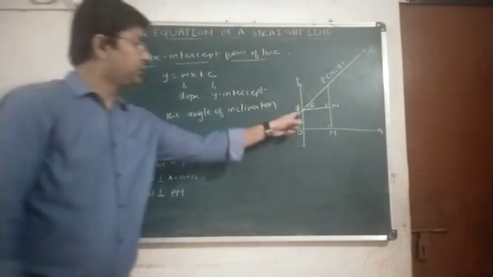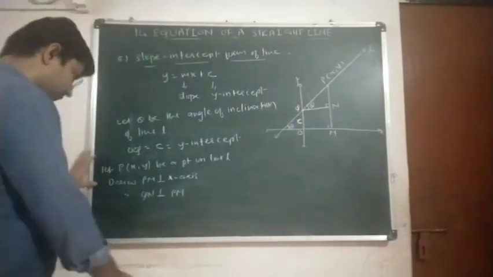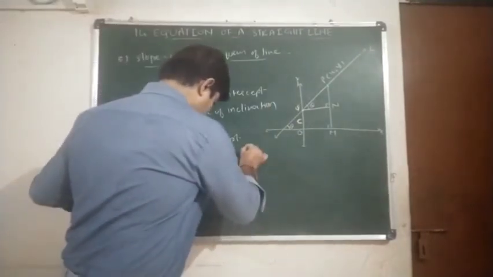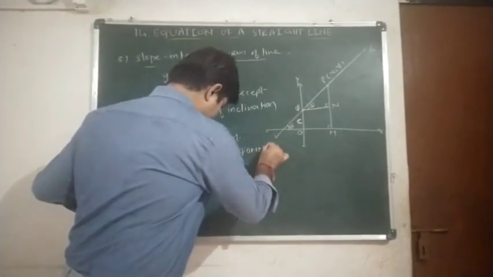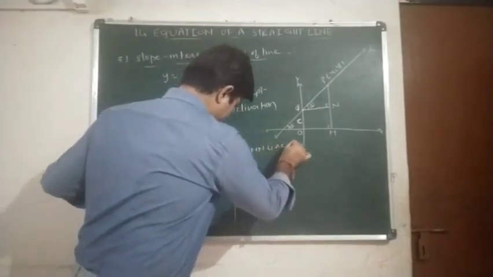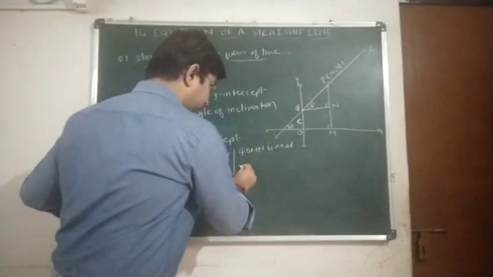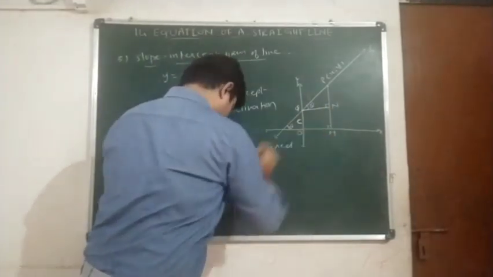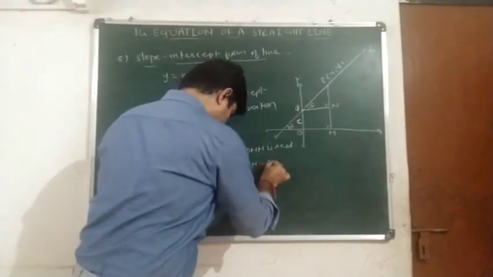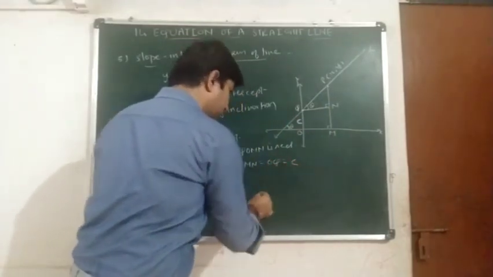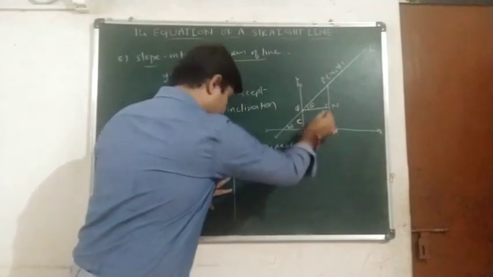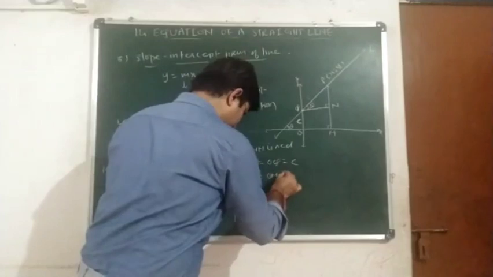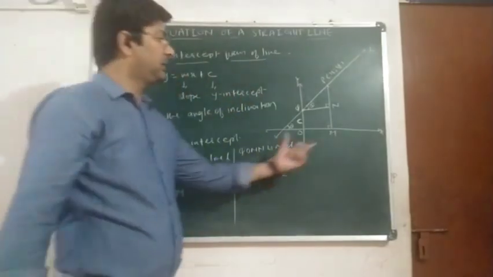Now QOMN is a rectangle, we know, yes or no? So QOMN is a rectangle and therefore MN is equal to OQ is equal to C, and QN is equal to OM. What will be the length OM?